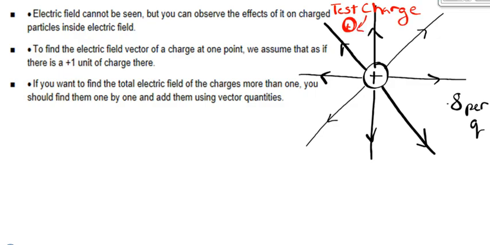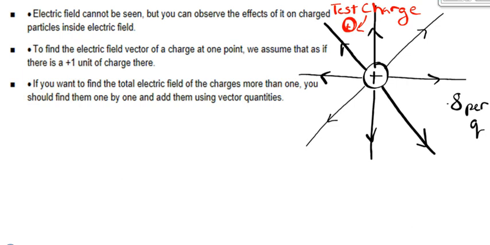A positive test charge has a value that is positive, but it's not a real value, because if I put an actual plus charge in here, that would change the field. These lines would bend away because plus hates plus. So we insert a positive test charge that does not affect the actual field that you're putting it into.